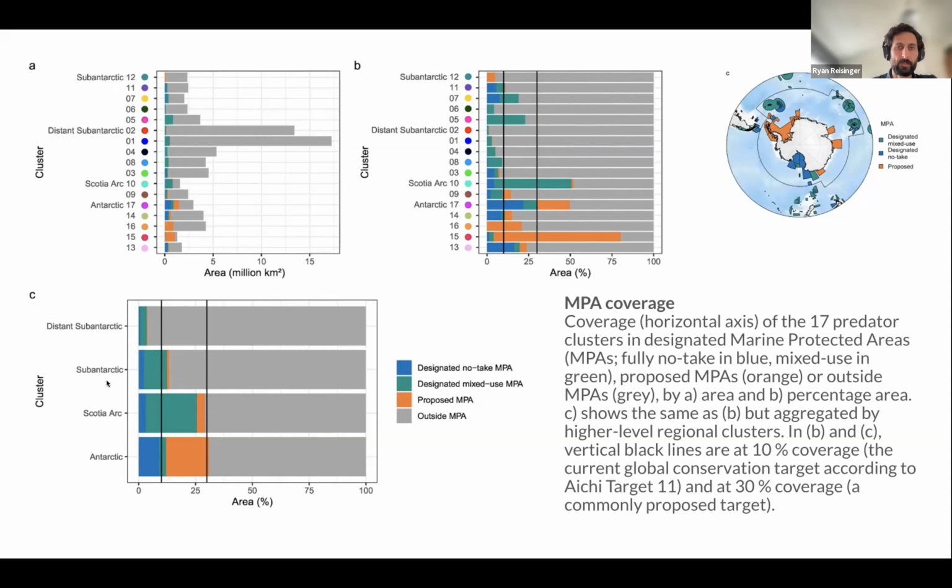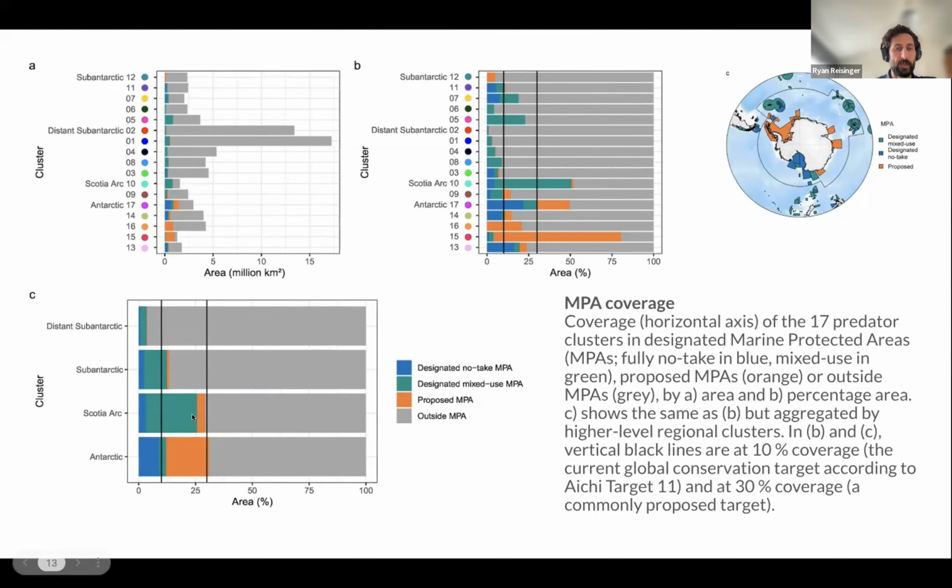If we break that down by area percentage, and we superimpose 10% and 30% thresholds on these, we can see that quite a few of the clusters do meet the 10% threshold, but very few clusters actually meet the 30% threshold. And if we look at the higher level clusters, by broader geographic region, we can see that the distant subantarctic is very poorly represented in any kind of MPAs. The subantarctic currently meets the 10% threshold, but there's very little potential to reach the 30% threshold with very few proposed MPAs.